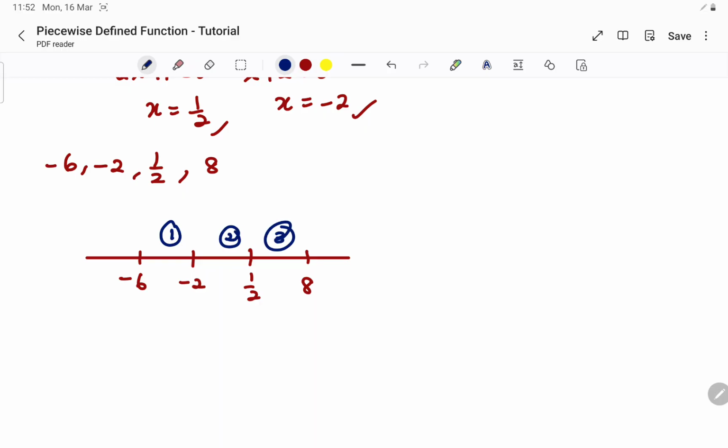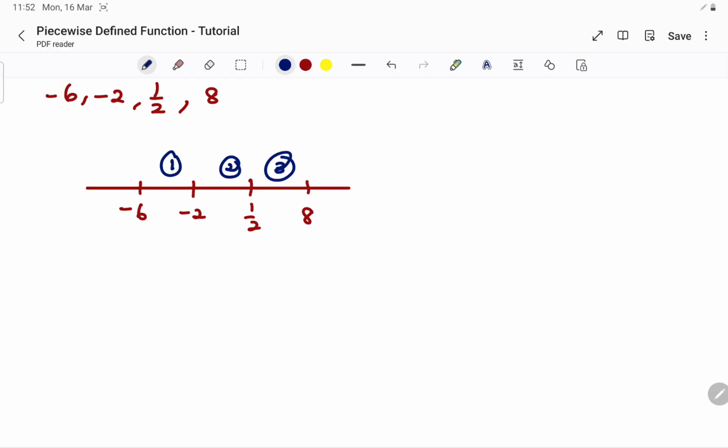So how to write the first region, second region, and the third region? The first region, when you want to write it, it will become negative 6 until negative 2. Second region, it will become negative 2 until 1 over 2.